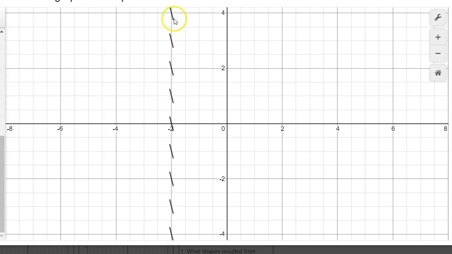At -2, 4, the slope is also -4. At -2, -1, the slope is -4. So the y coordinate doesn't matter because this is the single variable version. And as I move, all I'm doing is doubling the x coordinate, and that's giving me the slope at that point. All right, so that would look something like that.